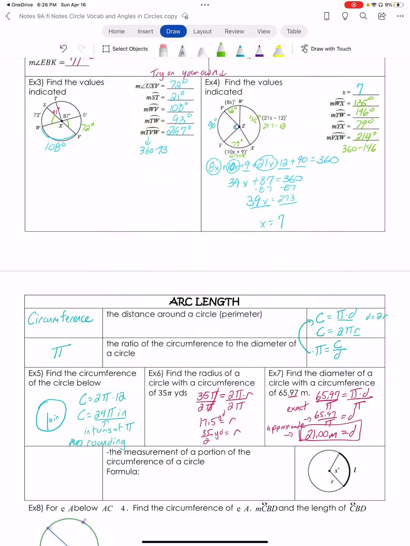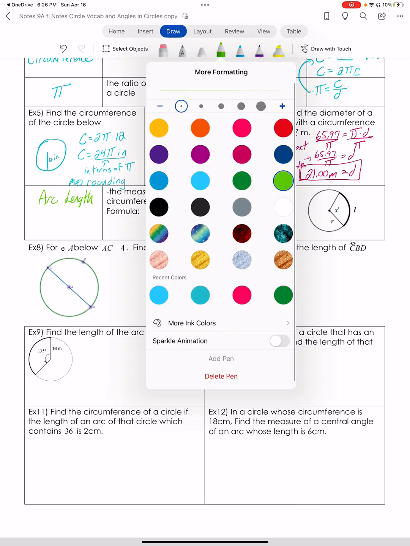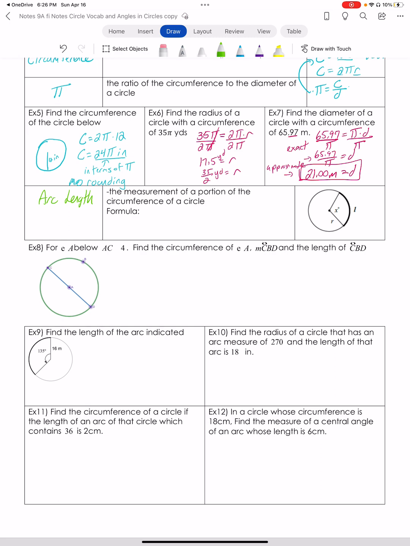Okay, last concept for today. So once you have circumference and diameter down, what we're going to talk about is arc length. So the measurement of a portion of the circumference of a circle. So that is what arc length is. So basically, you have your arc measure, which is just like how big your opening is on your circle. Arc length is if I took a ruler or a measuring tape and measured along here, like how many inches or feet.